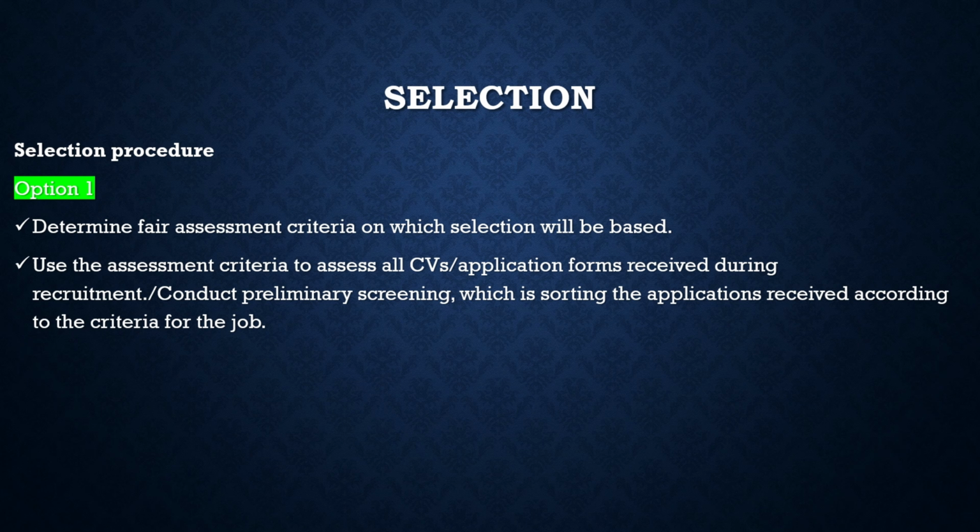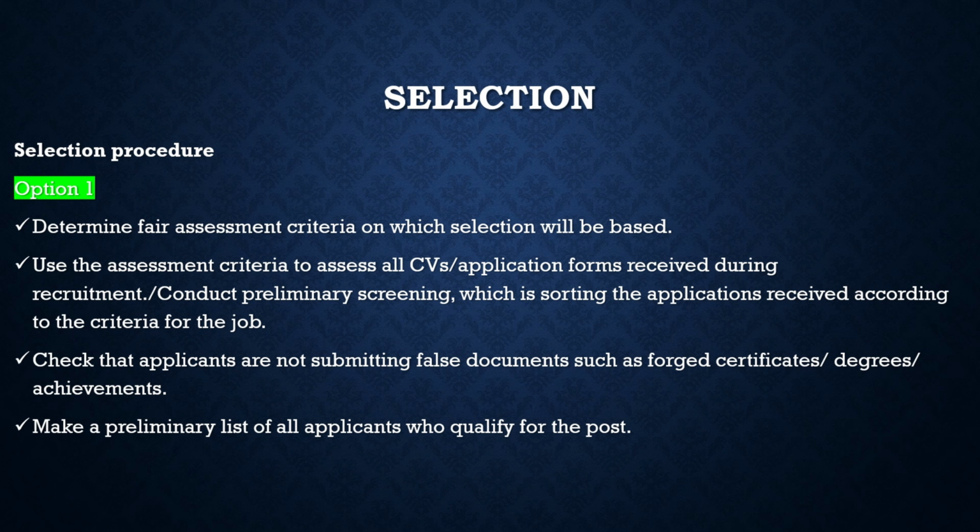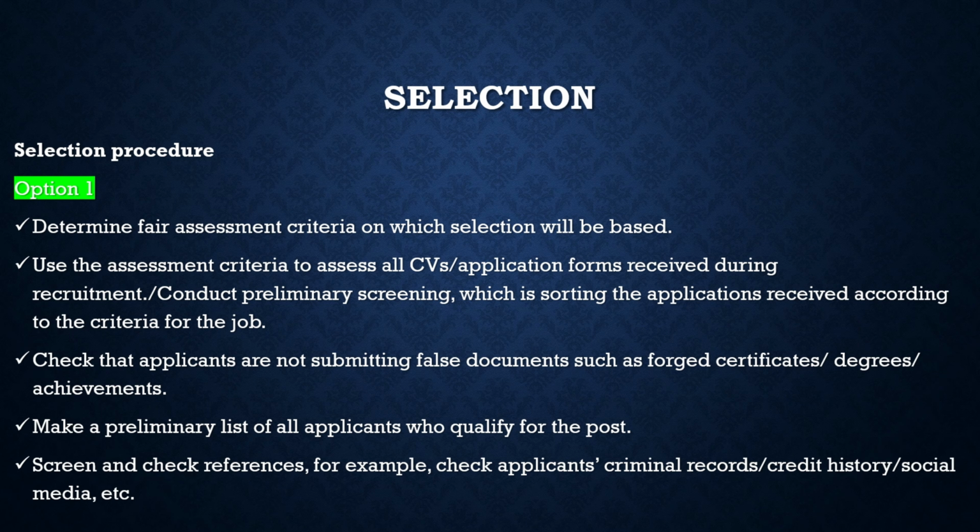It conducts preliminary screening, which is sorting the applications received according to the criteria for the job. It checks that applicants are not submitting false documents such as forged certificates, degrees, and achievements. It also makes a preliminary list of applicants who qualify for the post.